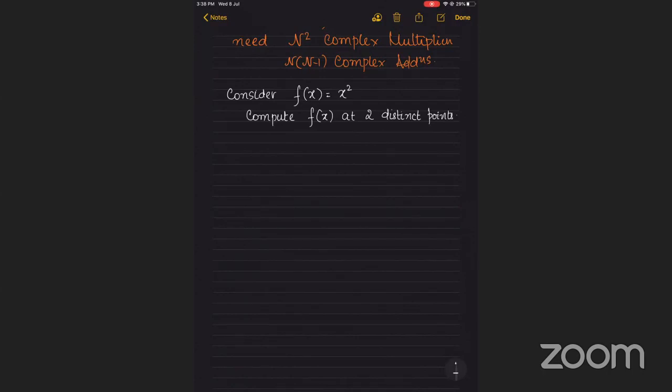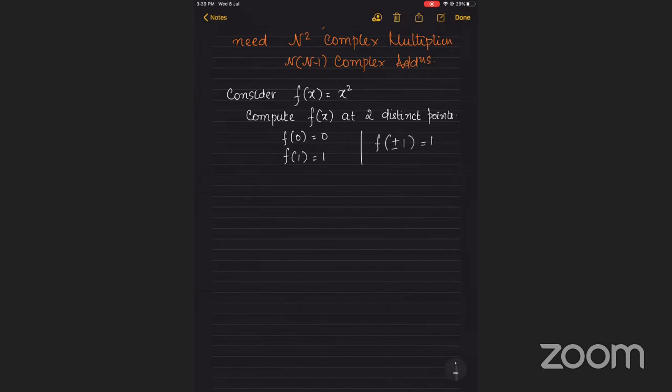What do we do? The laziest fellow will do f of 0 is equal to 0, f of 1 is equal to 1. I would still have to do this computation. A most intelligent fellow will say, look, f of plus or minus 1 is equal to 1.